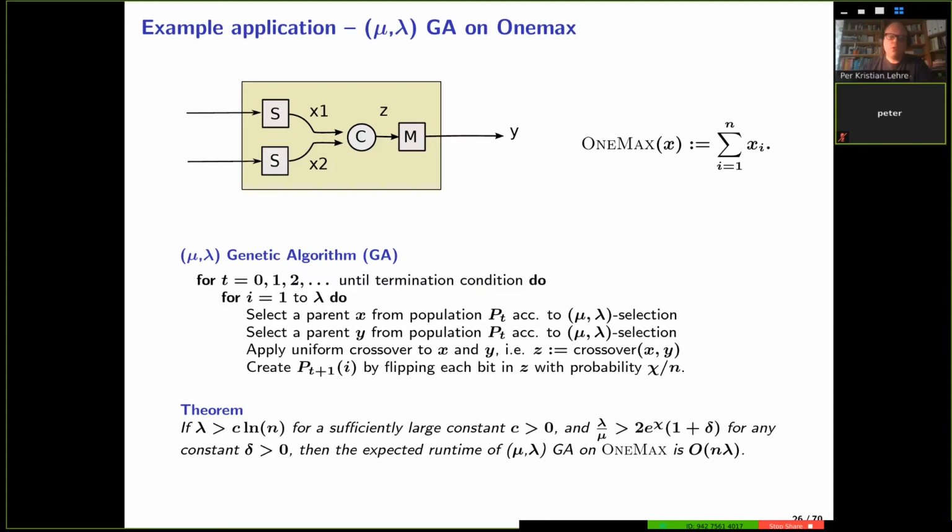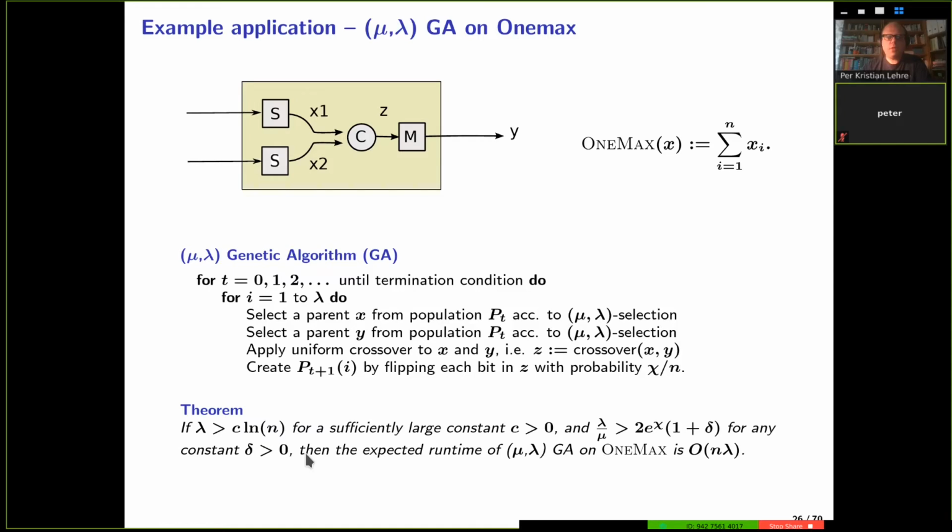What we're going to do is to analyze this algorithm on a function called OneMax. OneMax is somehow the simplest fitness function we can think of. We just count the number of 1 bits in the bit string. So obviously the optimal solution is a bit string with all 1 bits. The theorem we want to prove is the following.